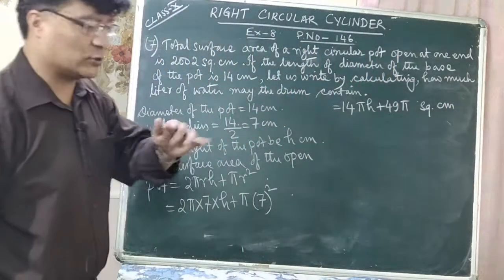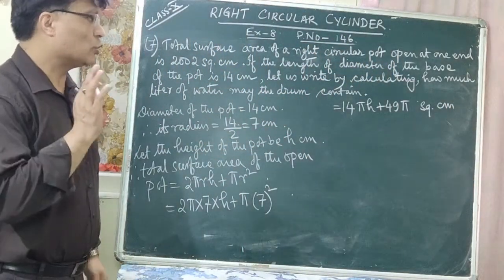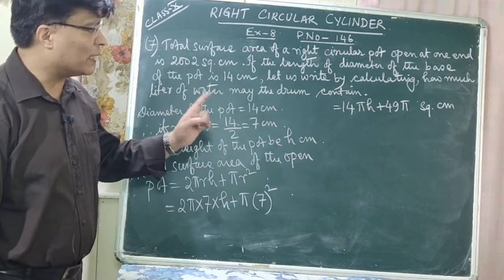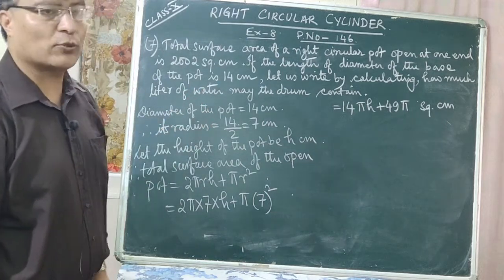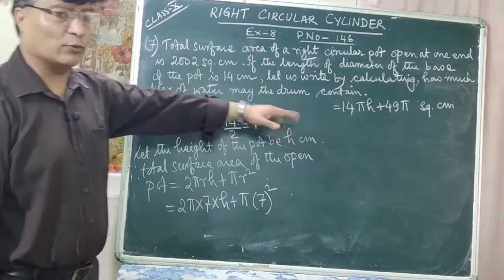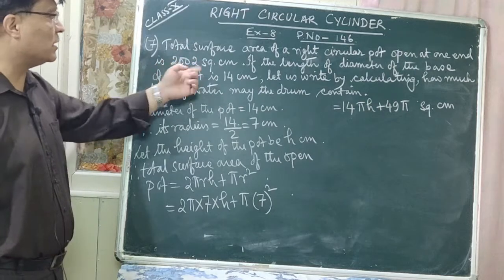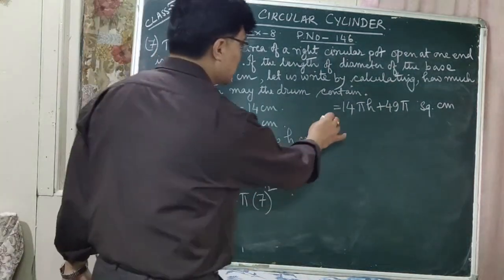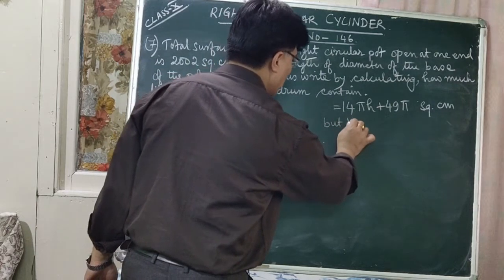So I think you have understood it. Okay. So we have got the total surface area of the open pot as 14 pi h plus 49 pi square centimeter. Okay. But by question, what is the total surface area of the open pot? It is 2002 square centimeter.